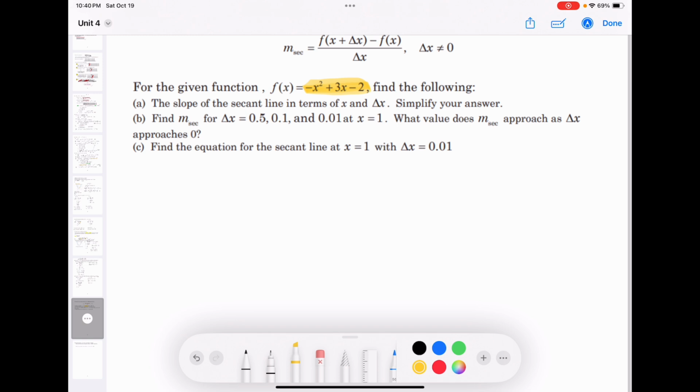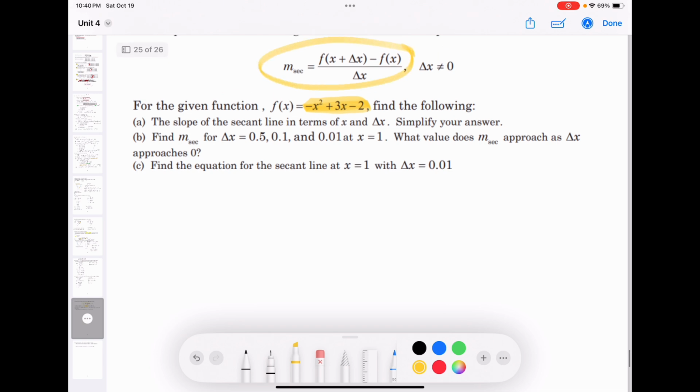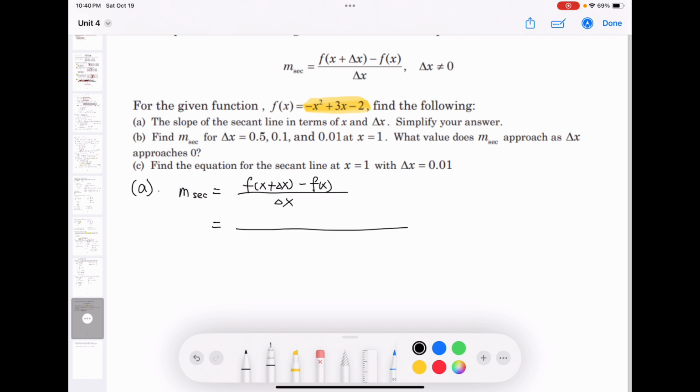So we can use the formula. We can use this formula to find the slope of a secant line. So the formula is m of secant is equal to f of x plus delta x minus f of x, divided by delta x. And what is f of x plus delta x?